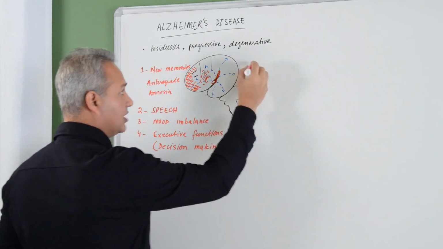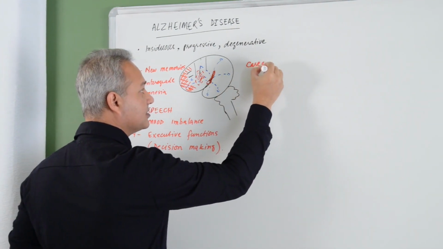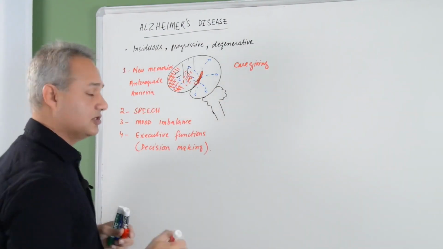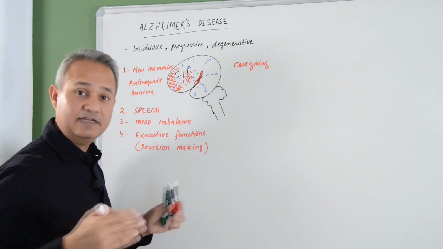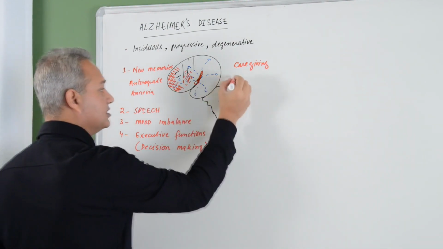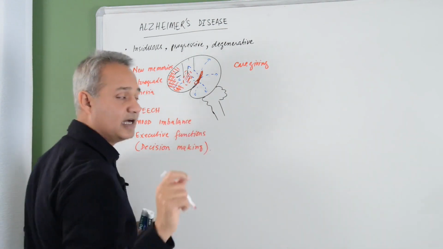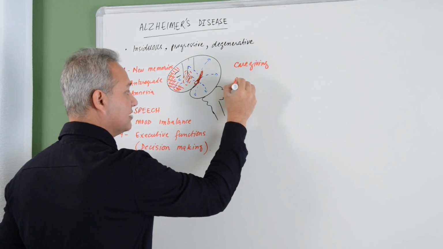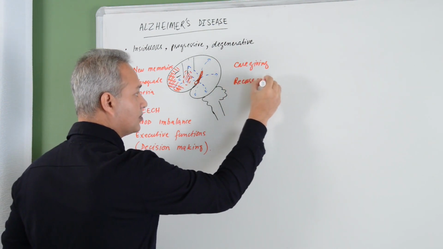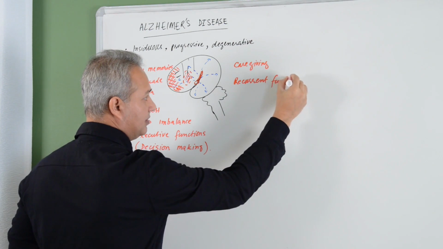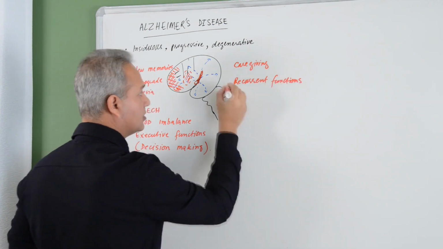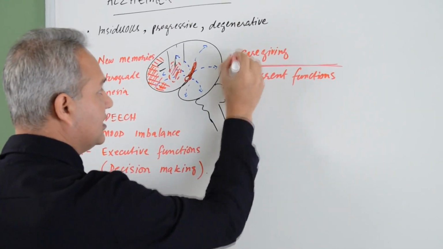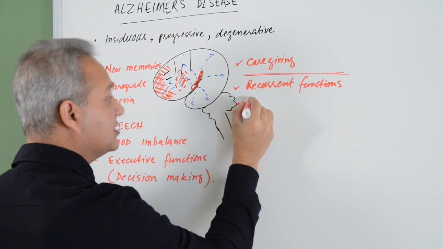What happens is, number one, caregiving is needed. You can see that from the memories to the speech to the mood, the caregiver's need will increase. Finally, the most common causes of death in Alzheimer's are, number one, recurrent infections, and number two, dehydration.